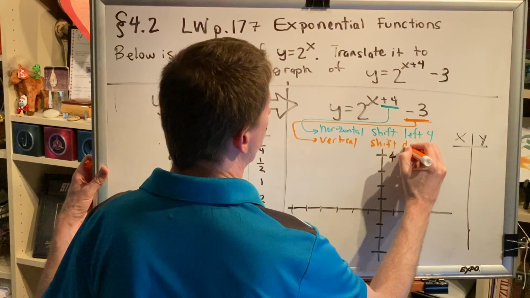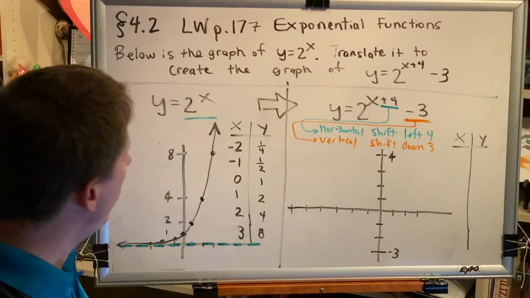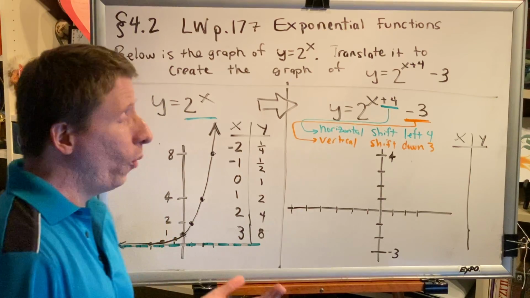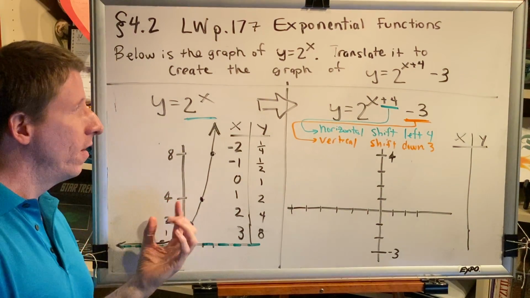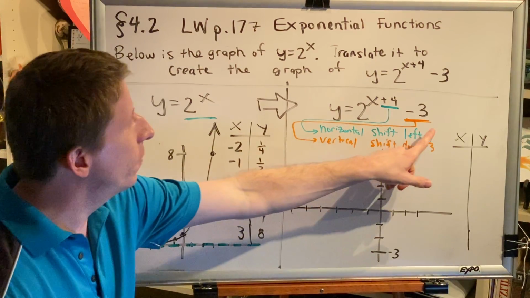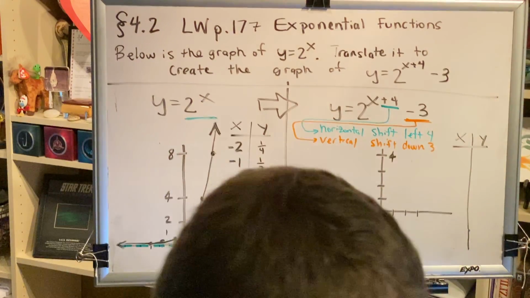So this is subtract, so this is down 3. So if we want to create the new graph, the graph that goes with this equation, all we have to do is take this graph and change all of the coordinates so that it shifts left 4 and down 3. Let's see if we can figure out how to do that.